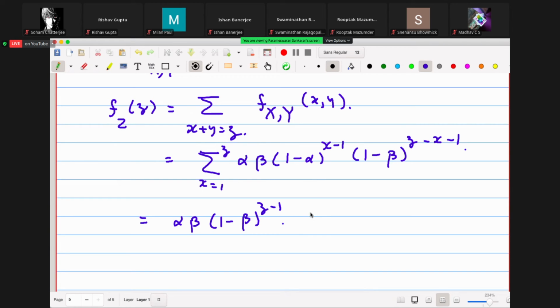Then what do I have? The summation from x equal to 1 to z. So I have here minus x minus 1. So I write here (1 minus alpha) by (1 minus beta), because this minus x appears.